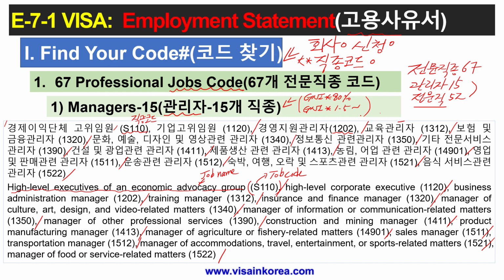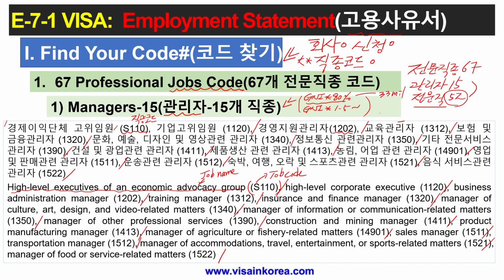Usually, when you apply for the E-7-1, your yearly income shall be over GNI 80%. It's around 33 million won at least. But the manager position is a higher level than the professional job categories, the 52 in the professional job categories.